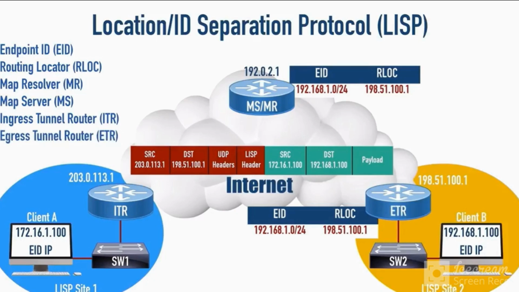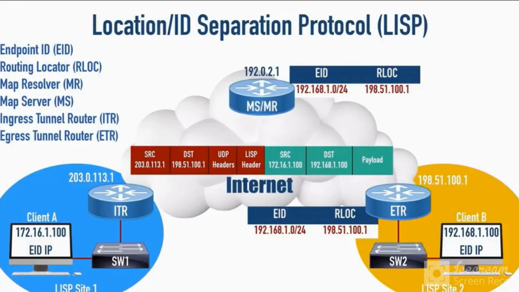So in this example, Client A wants to communicate with Client B. So the LISP router at LISP Site 1 is going to query the map resolver to say, hey, I want to go to this IP address of 192.168.1.100, and our map resolver says, oh yeah, I've got an entry for that network that contains that IP address.